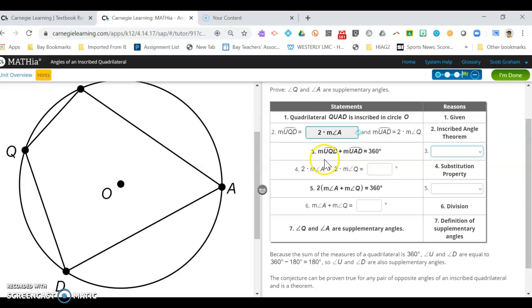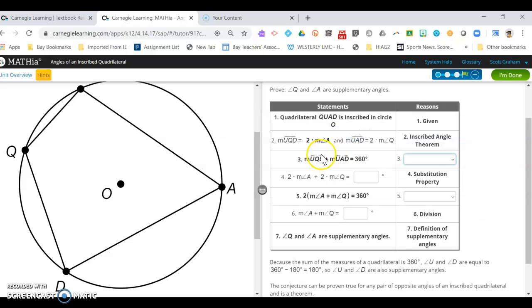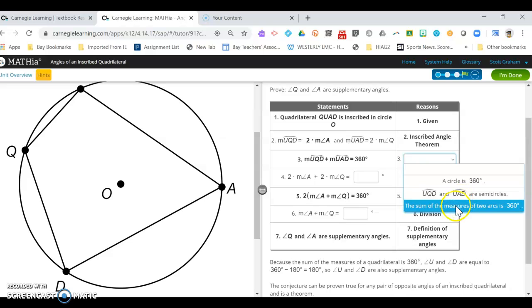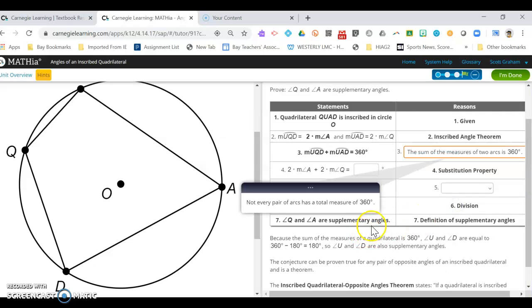We know that the measure of arc UQD plus the measure of arc UAD should equal 360, because a circle is 360 degrees, so the sum of those two arcs should equal 360.